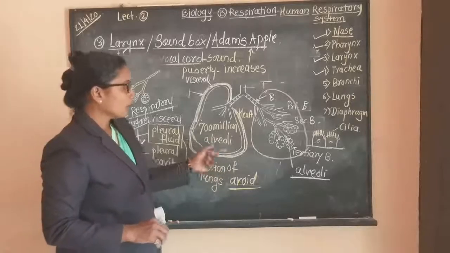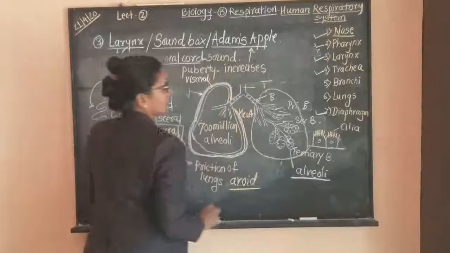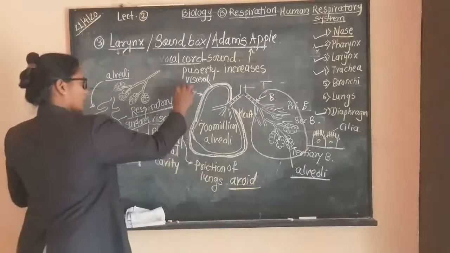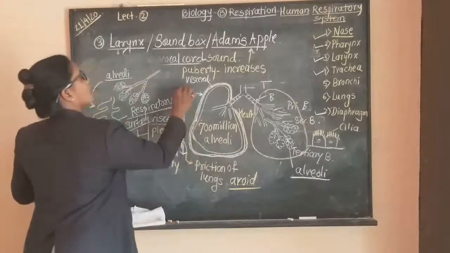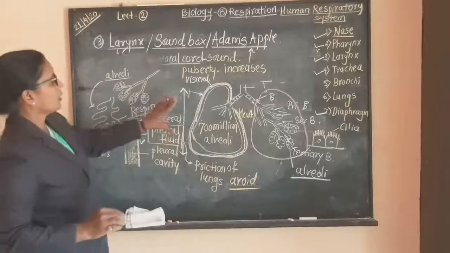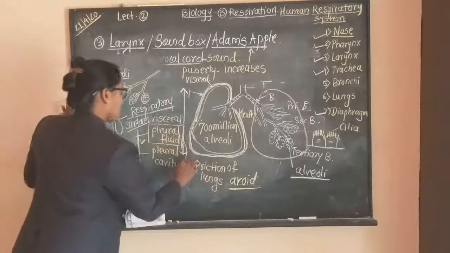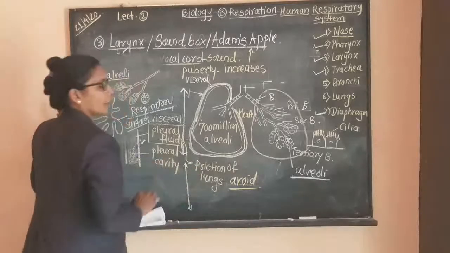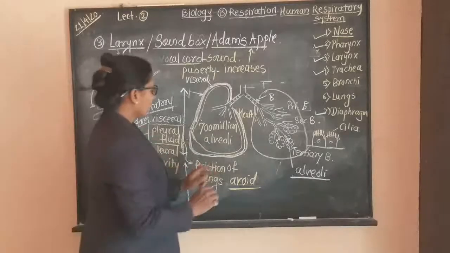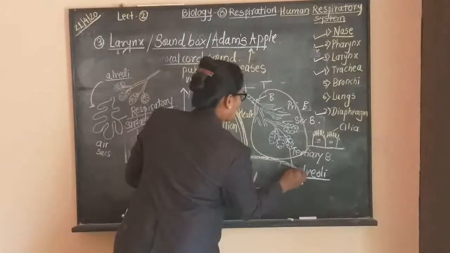Now in the case of the lungs, there is a structure called the diaphragm. This structure is present in the thoracic cavity, and just below this is the abdominal cavity. At this end, a muscular septum is present.